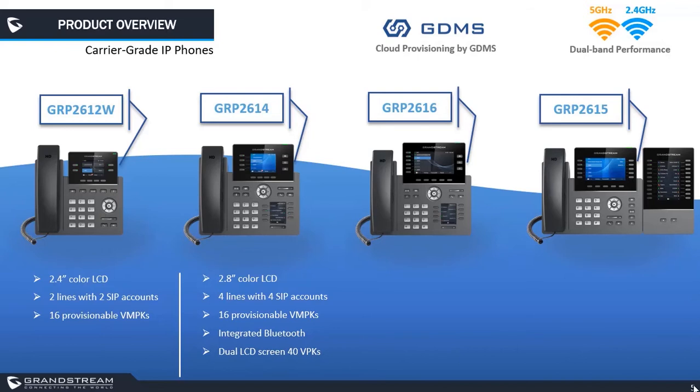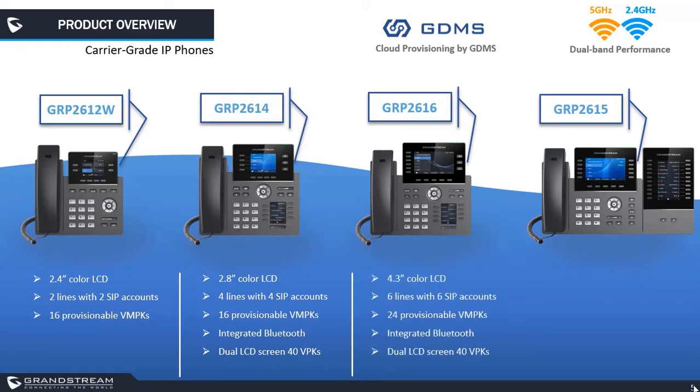This model has integrated Bluetooth, and it also has a dual LCD screen that can support up to 40 VPKs. So each button can be configured to support up to 5 VMPKs. In other words, you can have up to 5 virtual pages on the LCD screen.